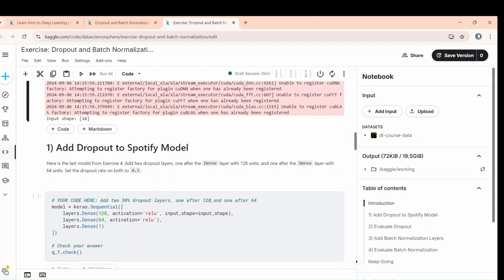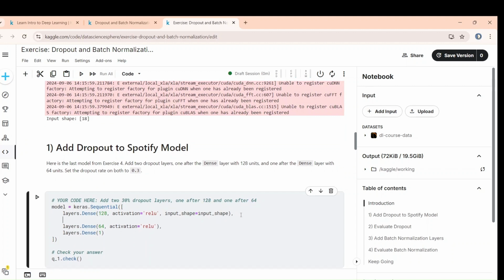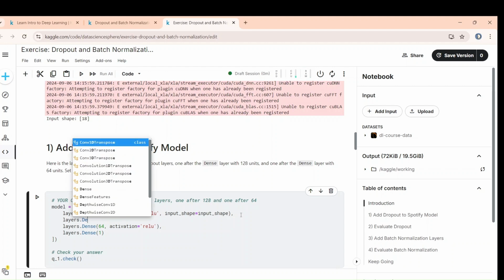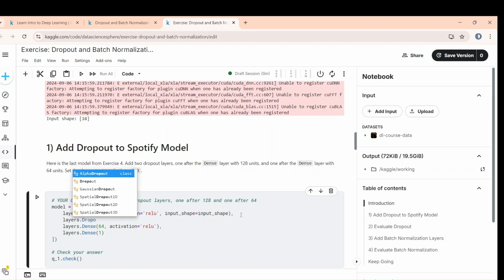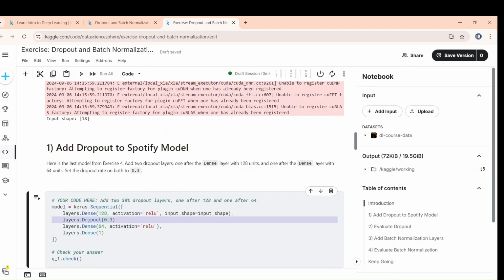So one after 128 units, one after 64 units. Simply write layers.Dropout, and inside that mention 0.3. Same, use one after 64. I've just copy pasted. Okay, now let's run this.